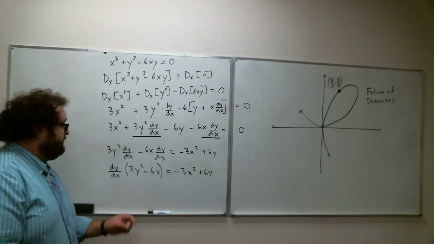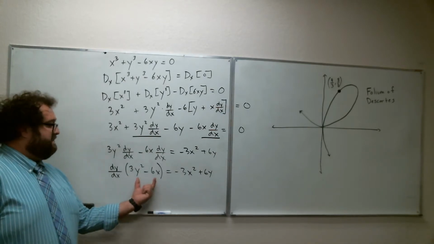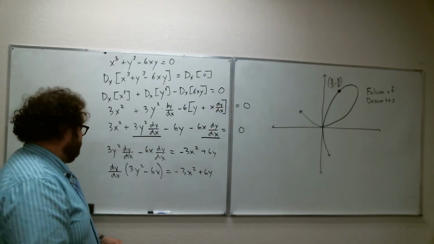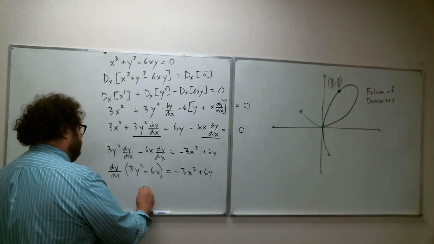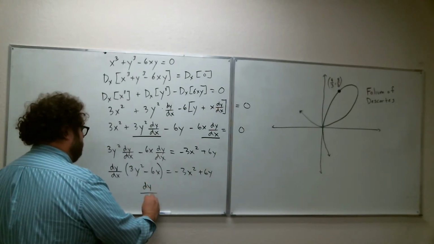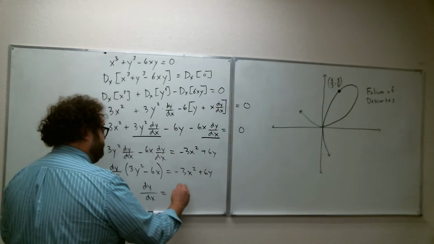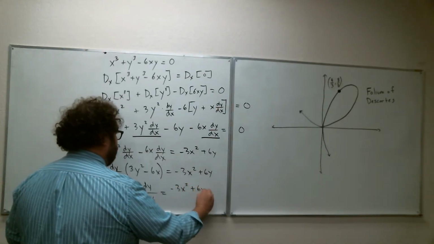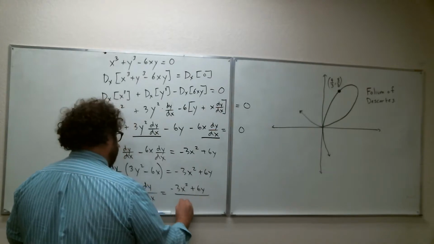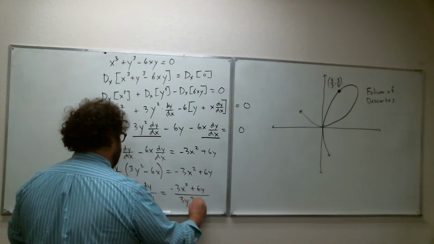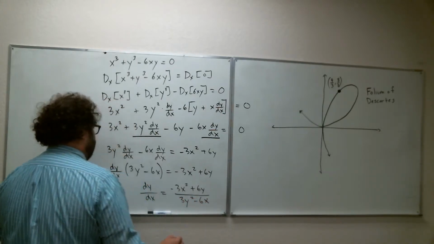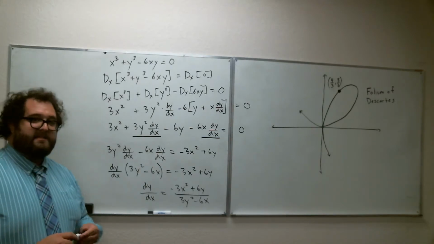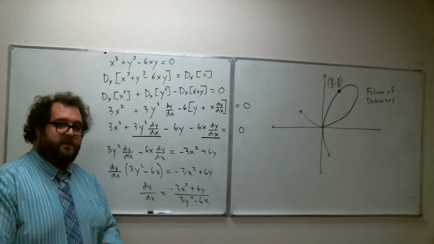But now to solve for dy/dx, I simply divide by that set of parentheses. So I get dy/dx equals negative 3x squared plus 6y over 3y squared minus 6x. So that is the implicit derivative.